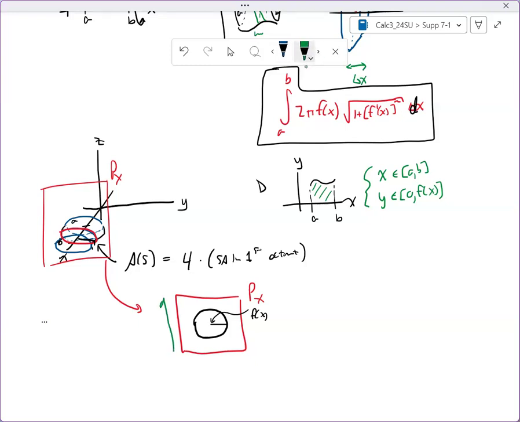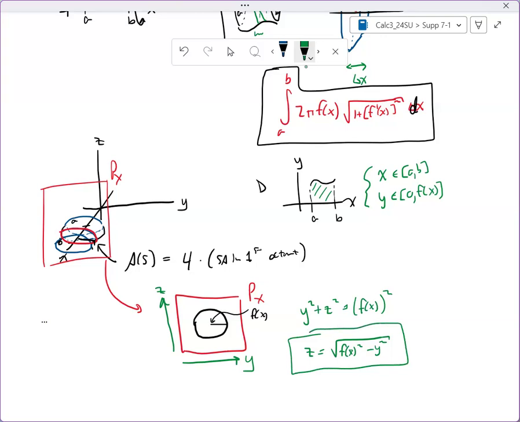Now to orient ourselves, going up here, this is the z direction, and going left to right, this is the y direction. So I have a circle that's centered at y equals 0, z equals 0, with radius f of x. This is y squared plus z squared equals f of x squared. Or this is z equals, keep in mind we're in the first octant, so we don't have to deal with all the pluses and minuses, z equals square root of f of x squared minus y squared.